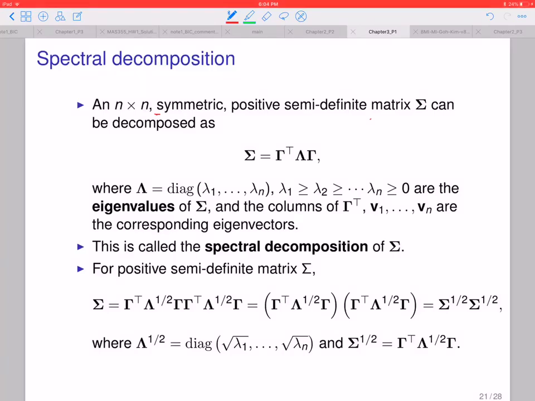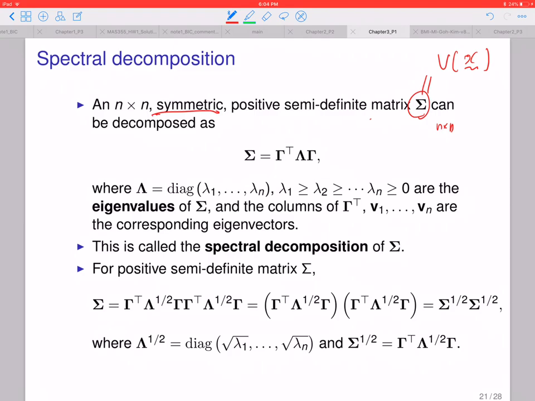Okay, so this is sigma, the variance covariance matrix of x, a random vector, an n-dimensional vector. So it is n by n and symmetric by definition because it's a covariance matrix.